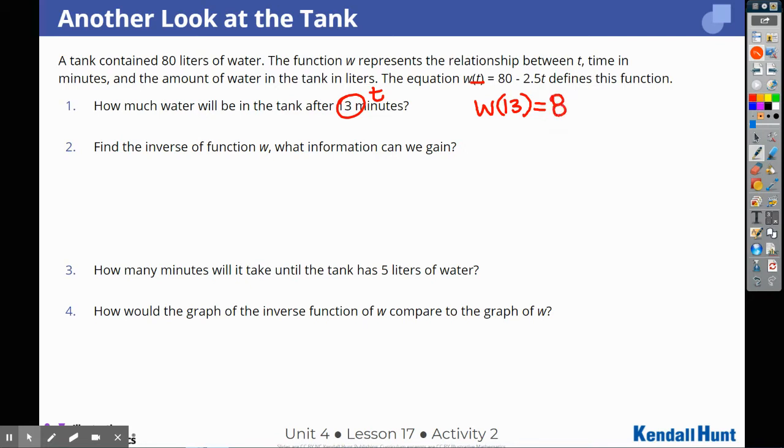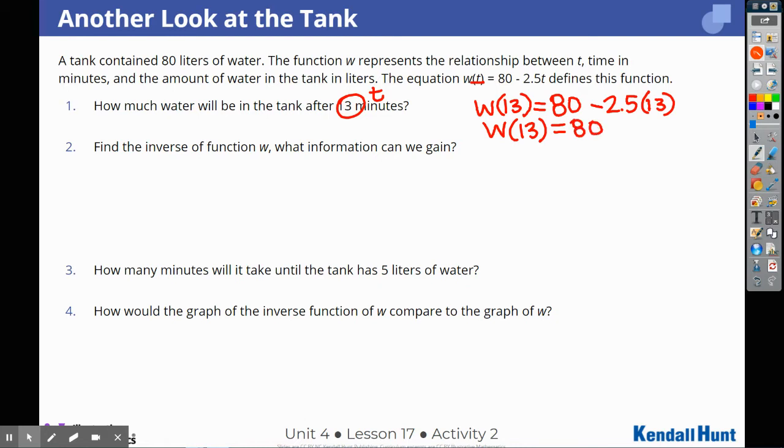On the other side, we would have 80 minus 2.5, and instead of T, I would input 13. From there, we can just solve that simple equation. So we have W of 13, because that does not change. It's just the name of our function and our input. We start with multiplication.